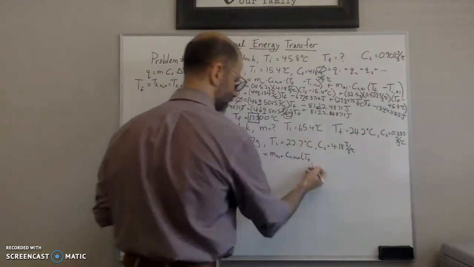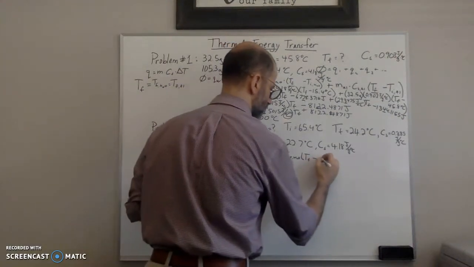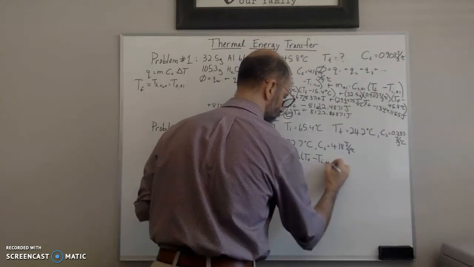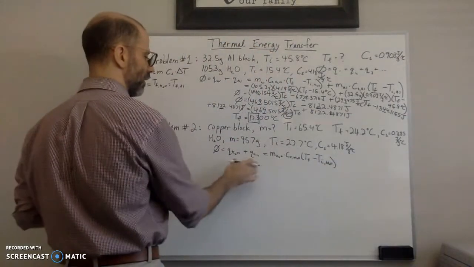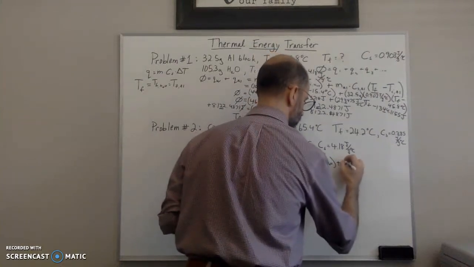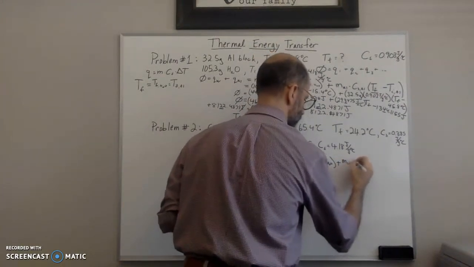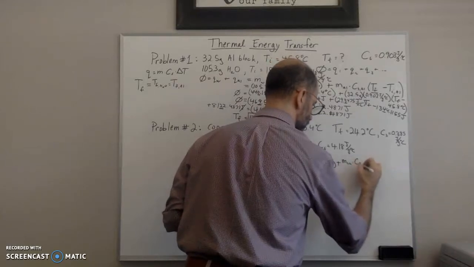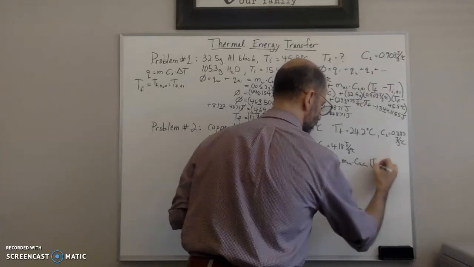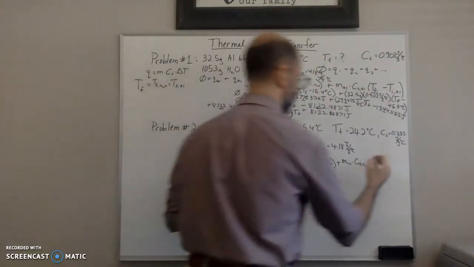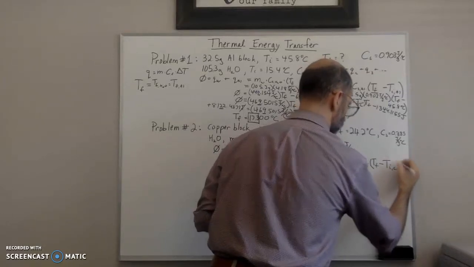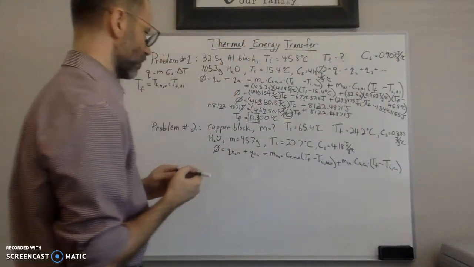So I could just say T sub F minus the initial temperature of the water, H2O. And then I'm going to add the copper to that. So that's going to be the mass of the copper times the specific heat of the copper times TF, the final temperature, since they're both at the same final temperature, minus the initial temperature of the copper, since they're going to be at different initial temperatures.